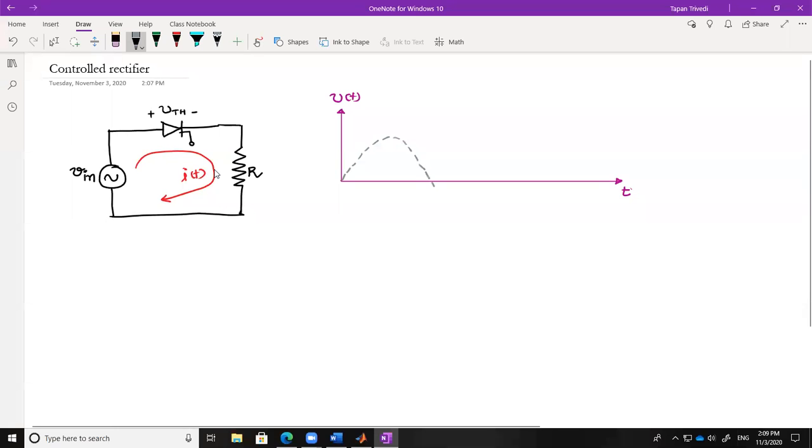It's a sinusoidal voltage, and V in of t is given by Vm sine omega t.